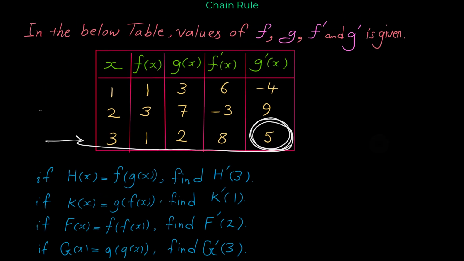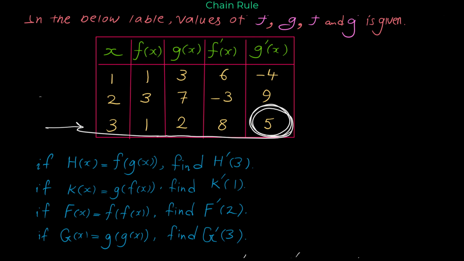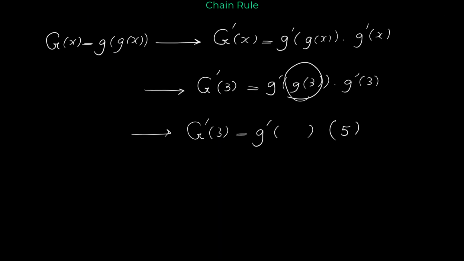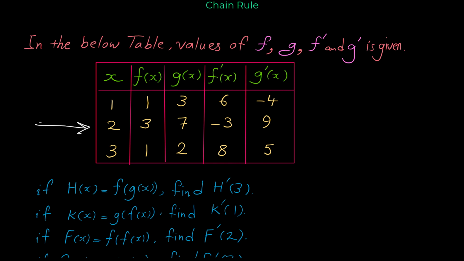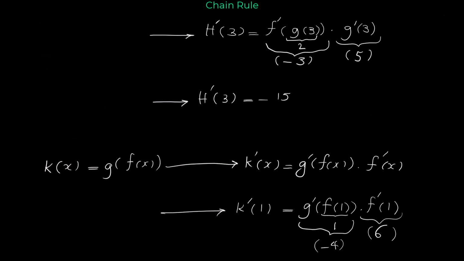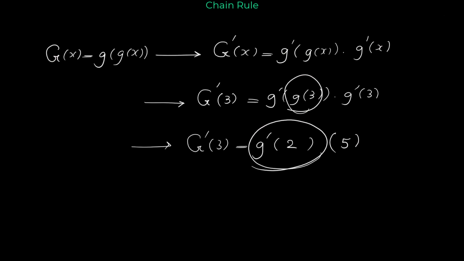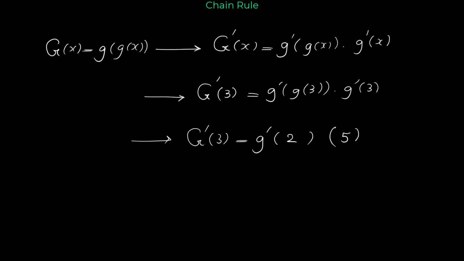When x is 3, the value of g of 3 is 2. So that value is 2. When x is 2, g prime at 2 is given as 9. So the value of g prime of 2 is 9. So finally, G prime of 3 equals 9 times 5 equals 45.